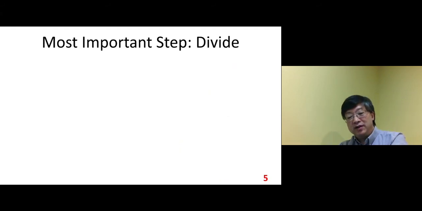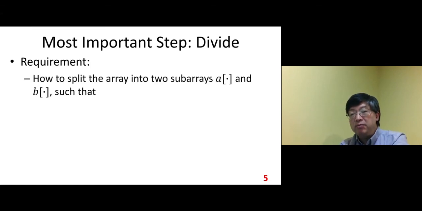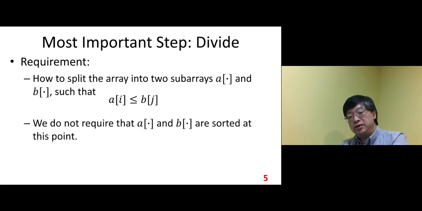We know the requirement. When we do the division, or the partition, as we will call it later, we want to split the original array into two subarrays, an A array and a B array, such that any value of an A element is less than or equal to any value of a B element.